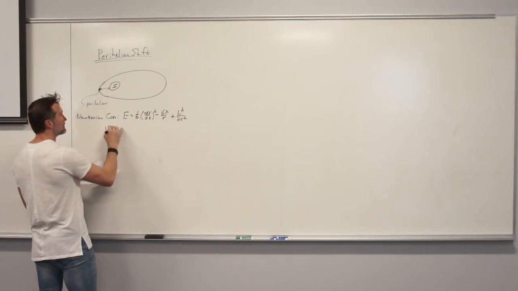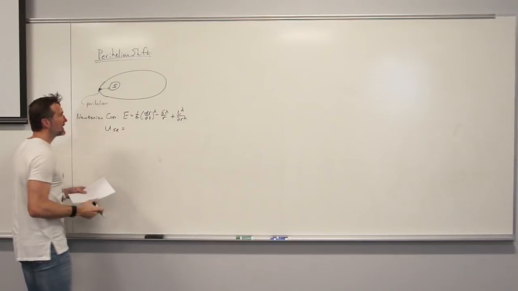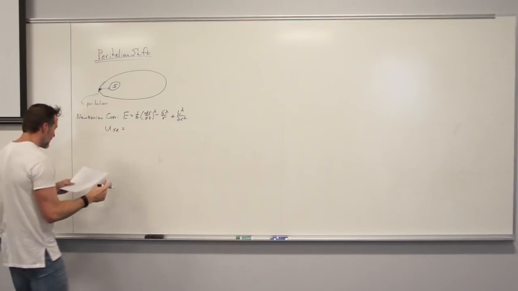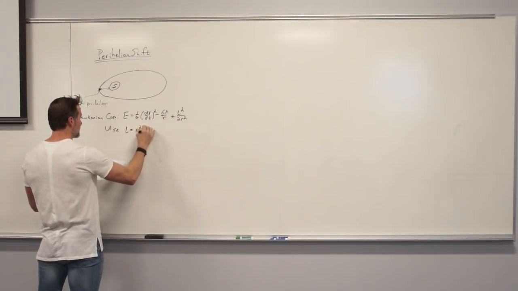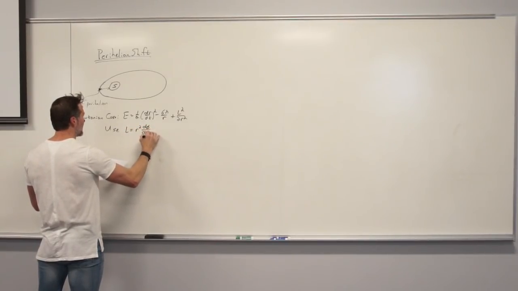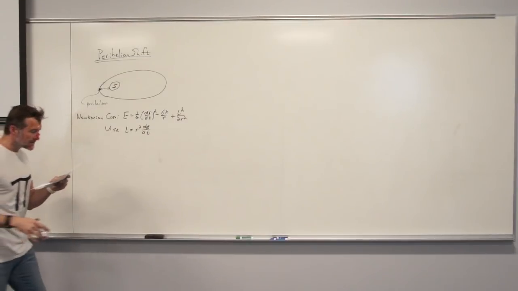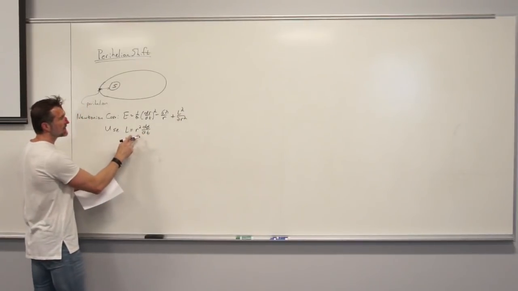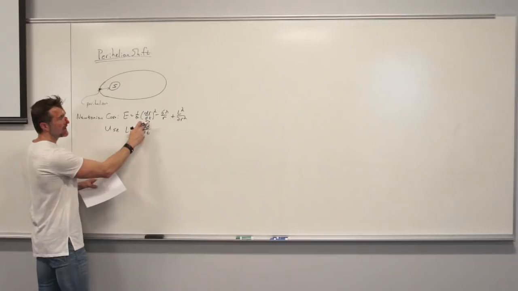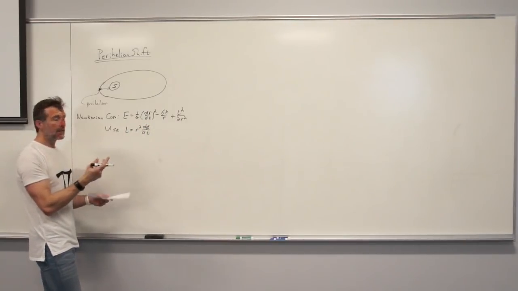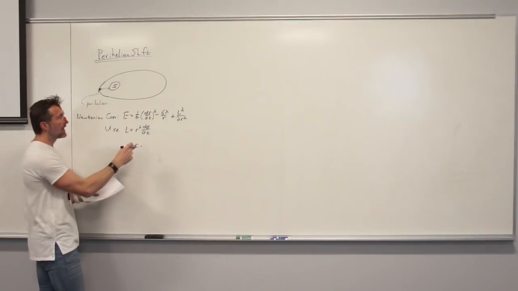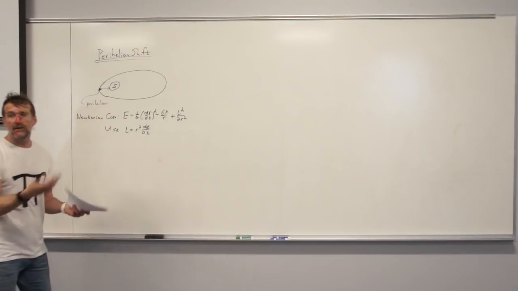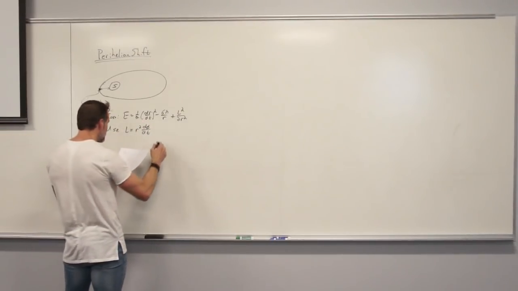Okay, so that was our expression for E. This is the effective potential. But then what I'm going to do is use the fact that this is constant to replace the time derivative where it appears here with a phi derivative. I can solve this for dt equals d phi times a bunch of factors, and turn the time derivative into a phi derivative using that expression.